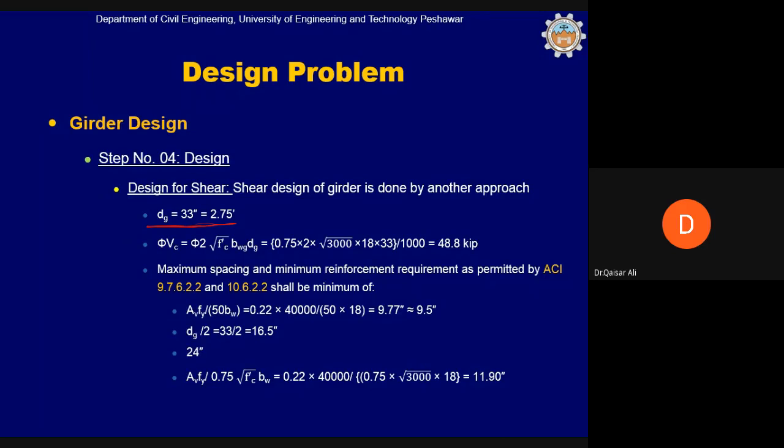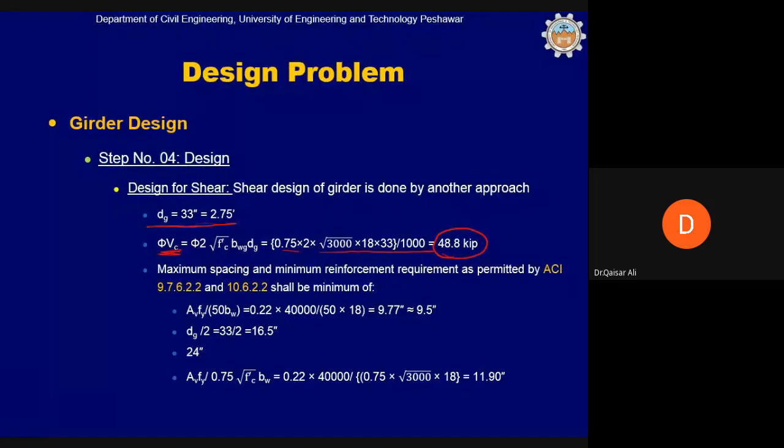If we calculate phi Vc, which is the shear capacity of concrete, using this equation 0.75 times 2 root f'c times bw d, this comes out to be 48.8 kip. And you know that this 48.8 kip is a constant shear capacity present everywhere along the girder length.